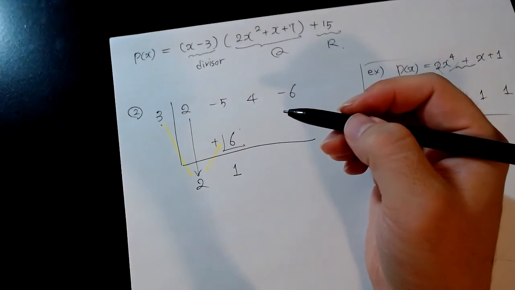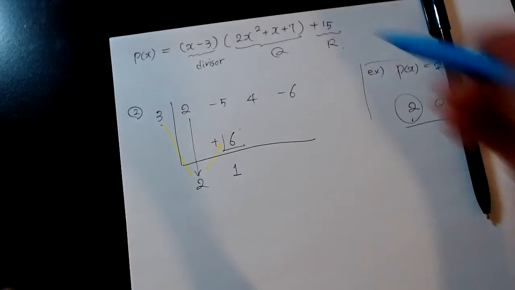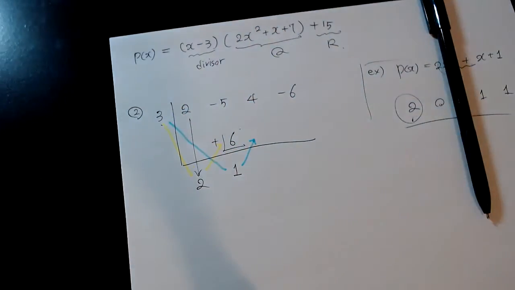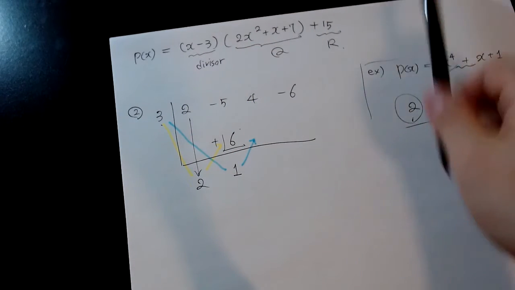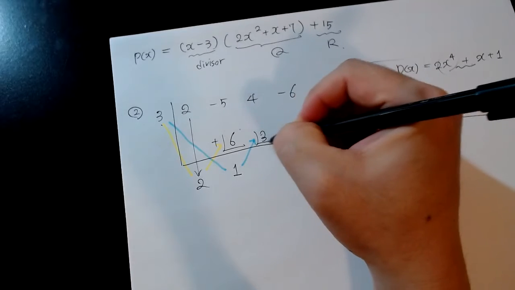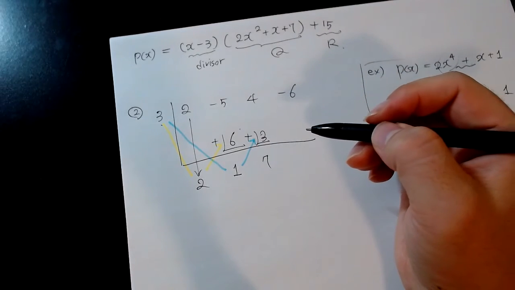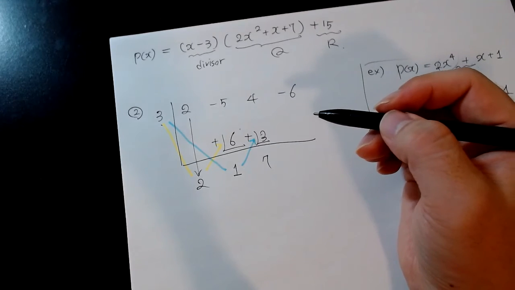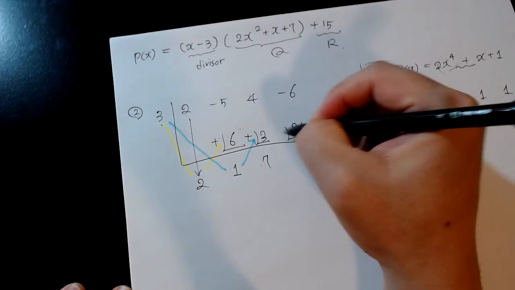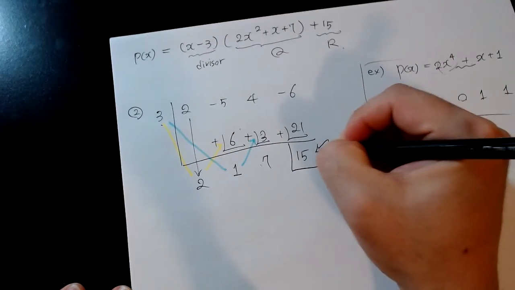Then we multiply 3 by 1, which is 3, and write down 3 in the next column. We add them up, which is 7. Then we just repeat this process. 3 times 7 is 21. We add the two numbers and we get 15. So the last number is the remainder.